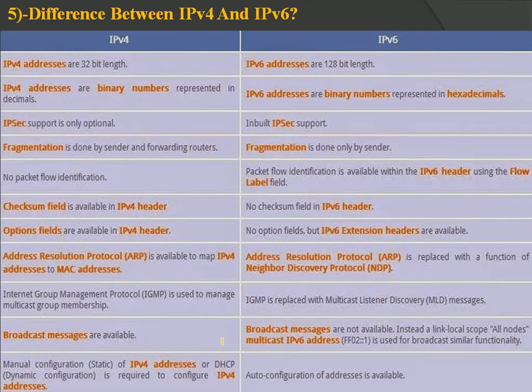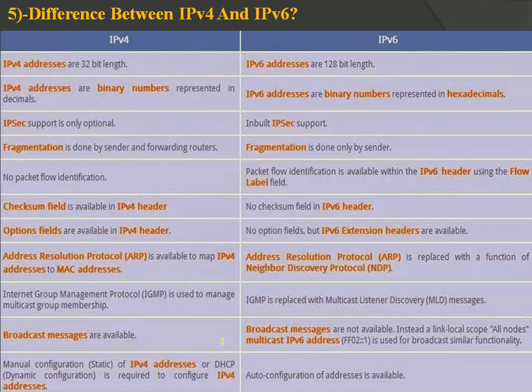And what is the difference between IPv4 and IPv6? So guys, IPv4 is a 32-bit long IP address, whereas IPv6 is 128-bit long. IP addresses are binary numbers represented in decimals.